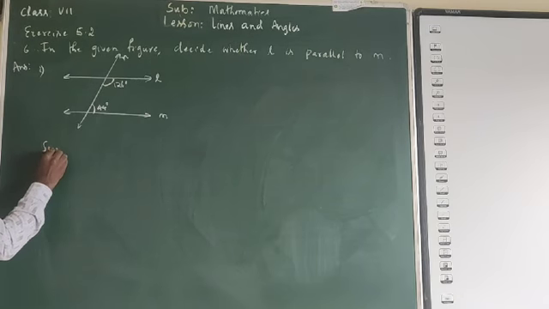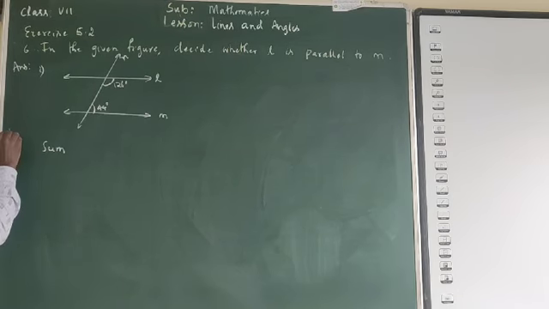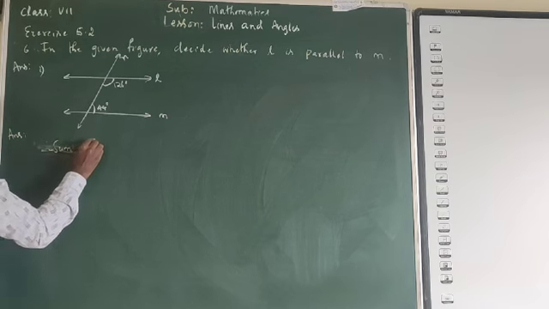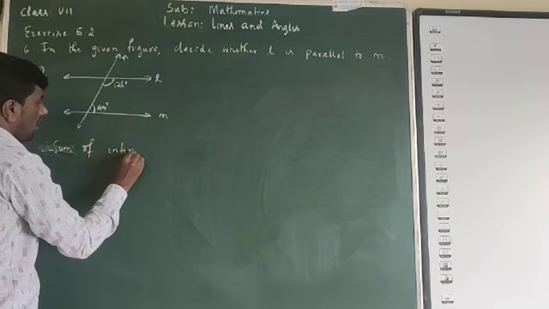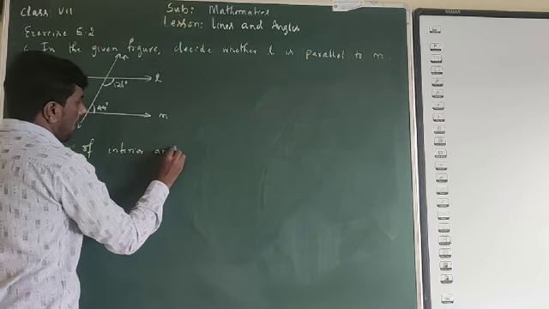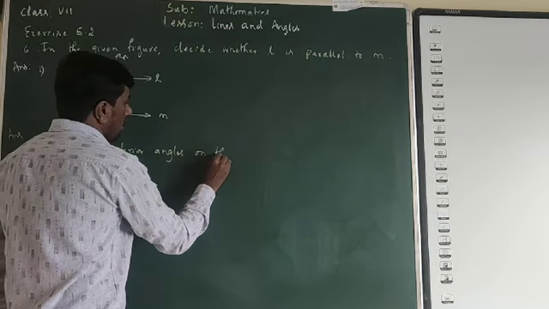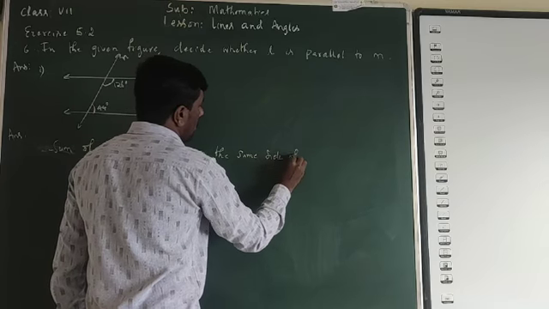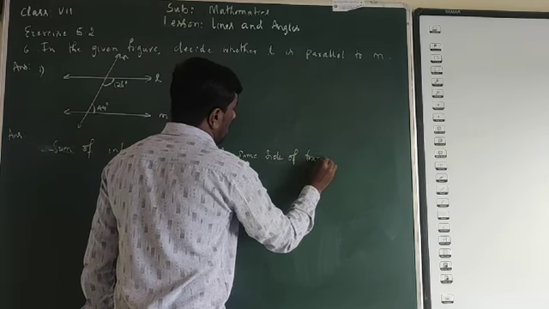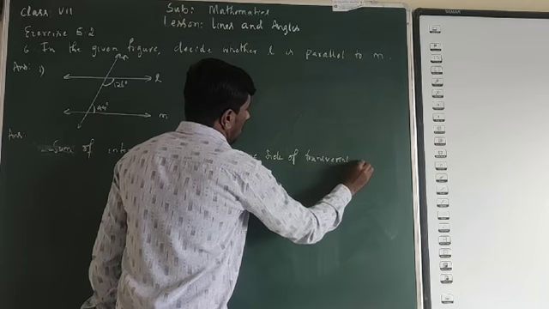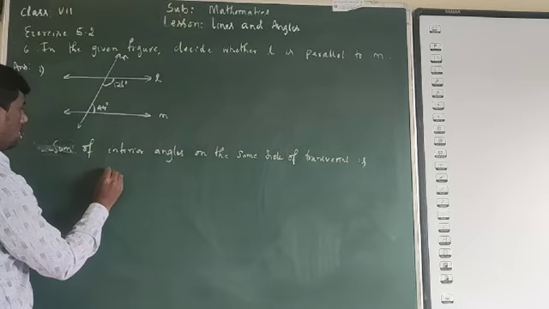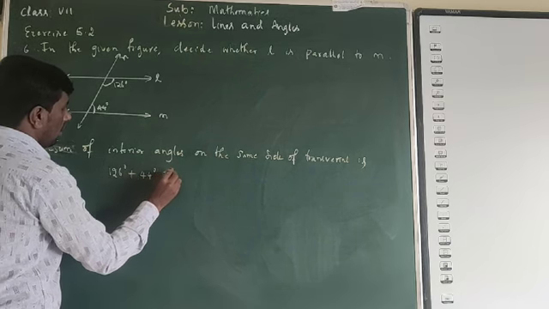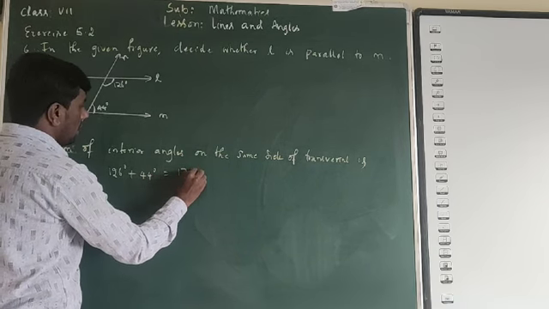Answer: sum of interior angles on the same side of the transversal is 126 degrees plus 44 degrees, which equals 170 degrees.